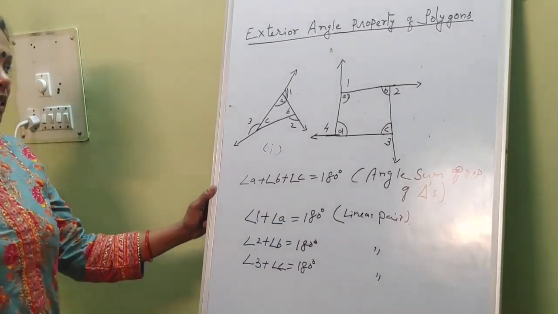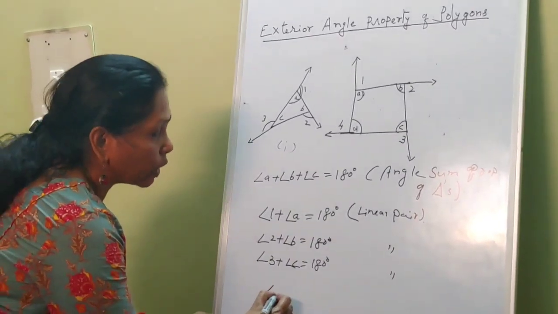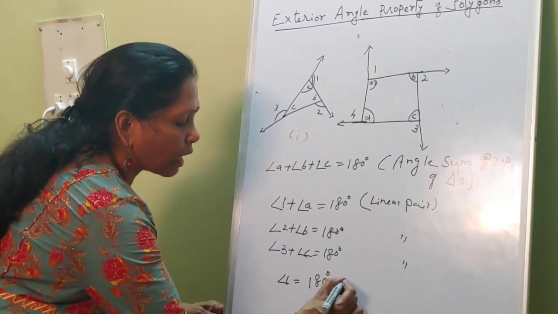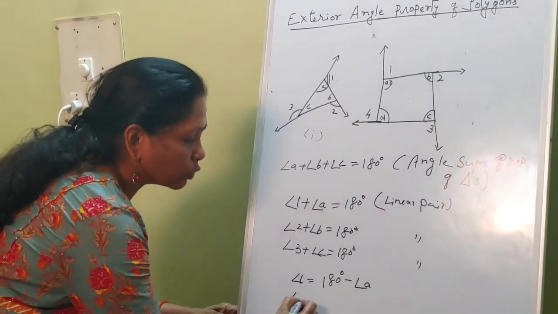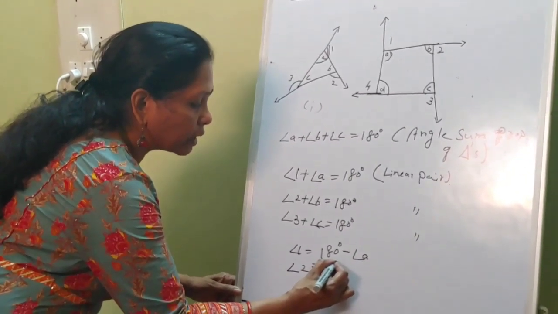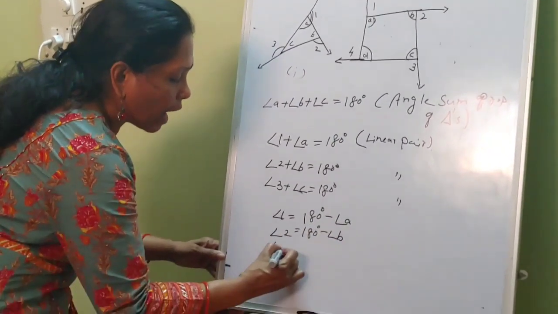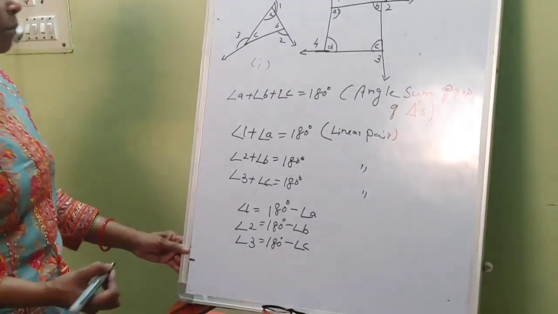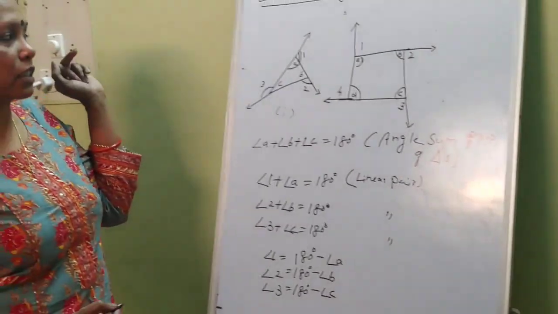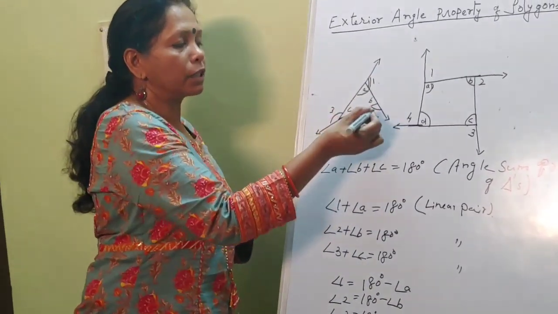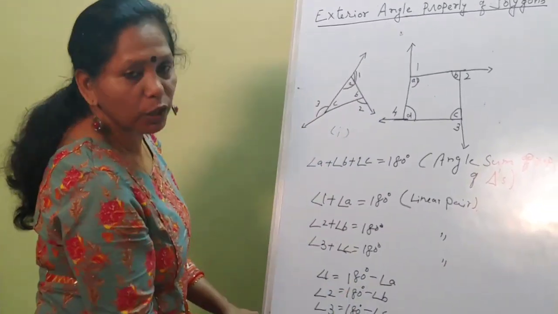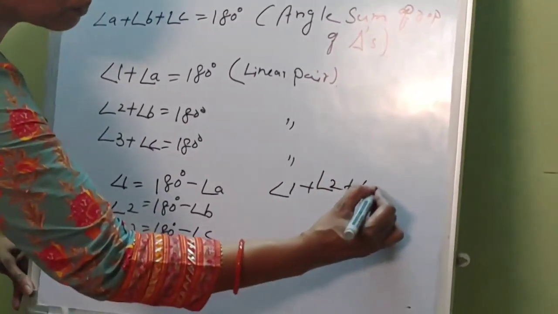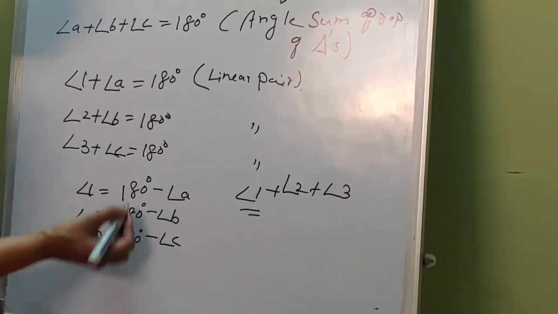So from these equations I can find the exterior angles. Exterior angle 1 will be equal to 180 minus angle A, angle 2 will be 180 degrees minus angle B, and angle 3 will be 180 minus angle C. So we have to find the sum of exterior angles, that is angle 1 plus 2 plus 3, which we'll find from here. Angle 1 plus angle 2 plus angle 3 is equal to, we have 180 three times.